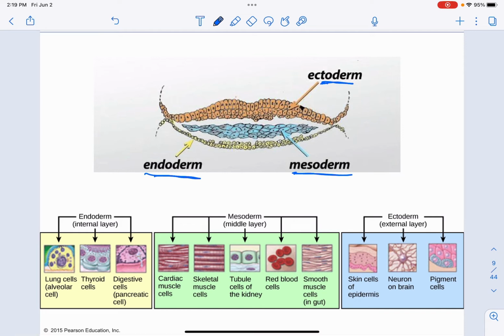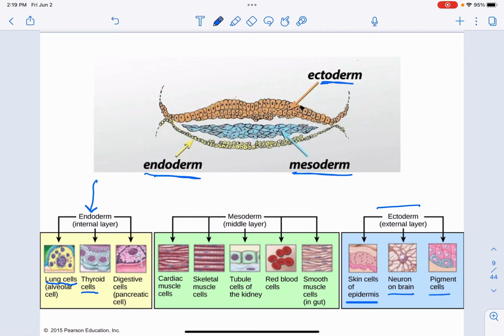And so again, what you can see is that what is derived, so we can trace this back, from the endoderm is lung cells, cells that will make up the thyroid, cells that will make up some of the digestive tract. All right, the ectoderm, we have the epidermis of the skin. We talked about neuronal cells, and then some pigment cells will also come from the ectoderm.